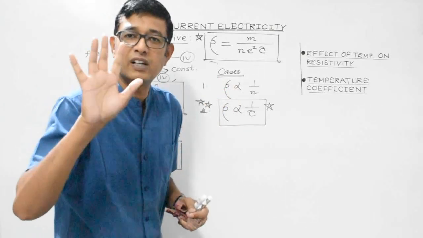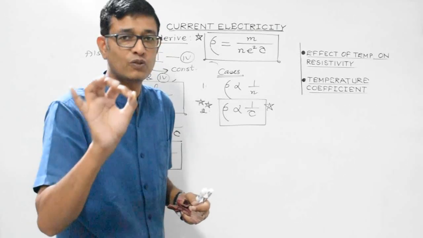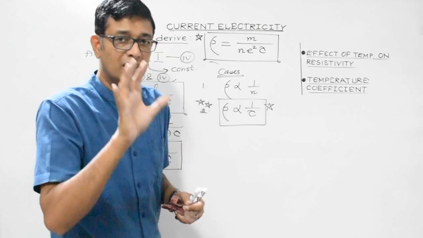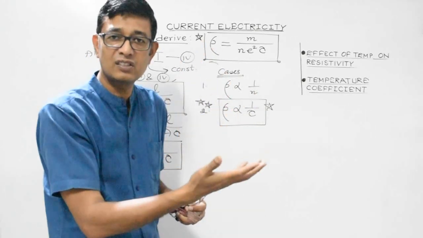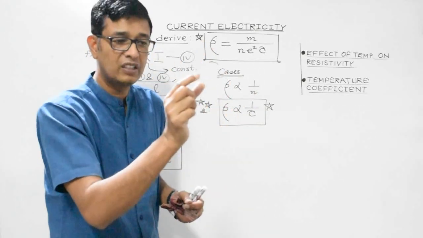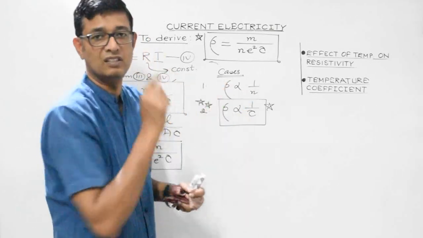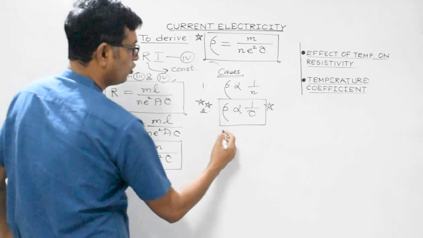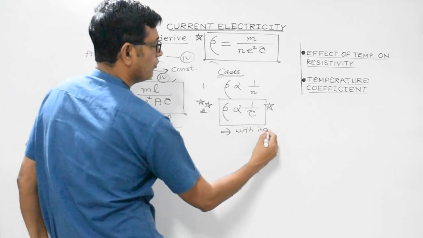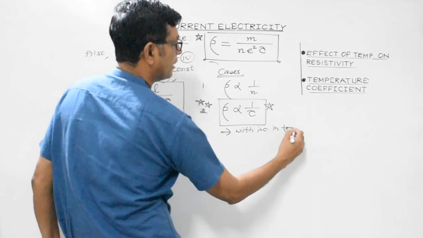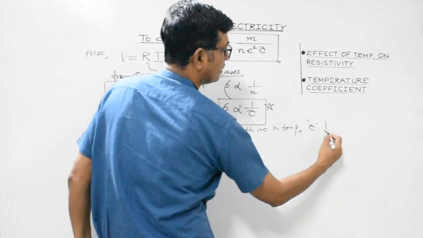So students, what we have concluded is, with the increase in the temperature of the conductor, the frequency of collision of electrons with the vibrating ions increases. Therefore, the time between successive collisions decreases. That is, the relaxation time decreases. So, what's the conclusion? With increase in temperature, average relaxation time decreases.